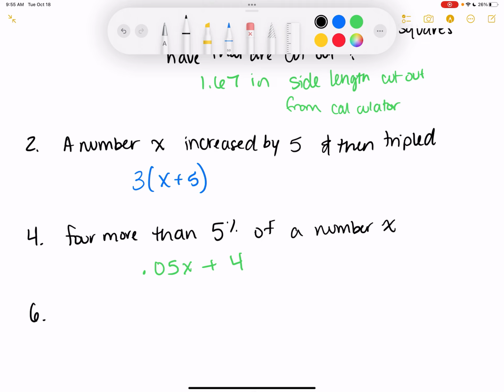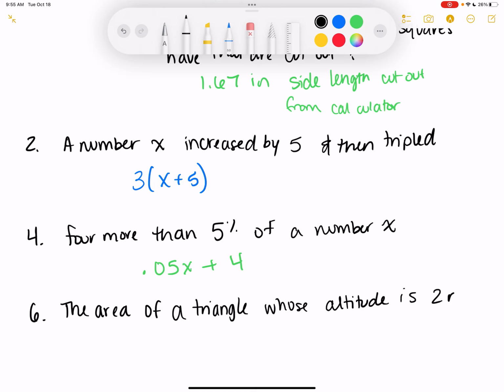All right, 6. The area of a triangle whose altitude is 2 more than the base length x.